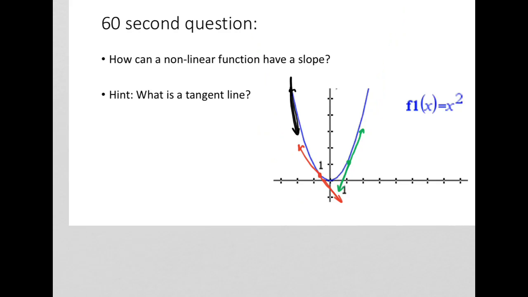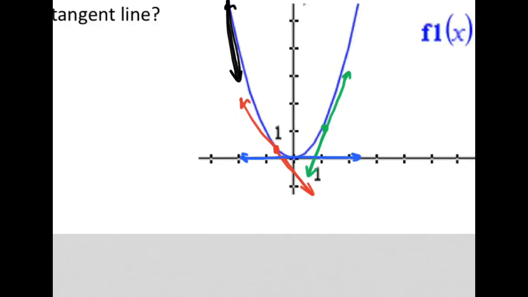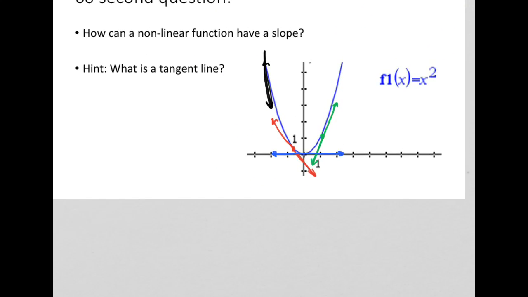Notice that at different x values you end up with different slopes there. Notice that black line has a steep negative slope, the red line has a slightly less steep but still negative slope. I could draw another one in here, a blue one right there at that relative minimum value, and that has zero slope, and then that green slope now is positive.